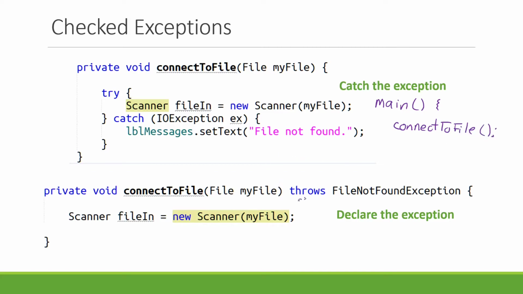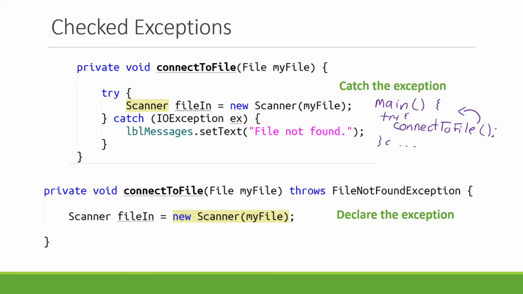Since this method declares that it throws a FileNotFoundException, that exception will come out of connectToFile and land here in the main method, which means I would have to add a try catch block in here. So I would have to add a try catch block in the calling program where that exception was being thrown to.